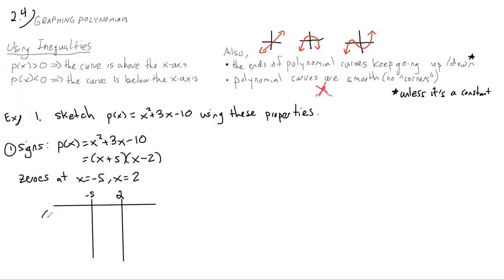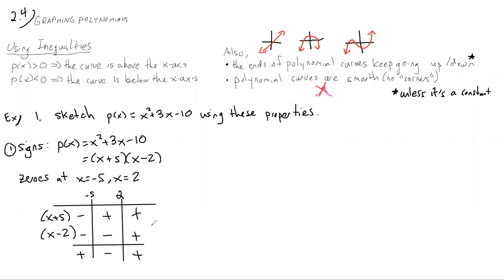And then I'll list all the factors along the left. And then we just go across and see what the signs look like. So x plus 5 will start negative and then flip over when I cross over negative 5. X minus 2 is negative, 0 minus 2 is negative, 3 minus 2 is positive. And so this is going to give me my signs: plus, minus, plus.